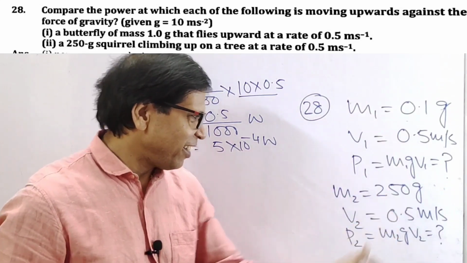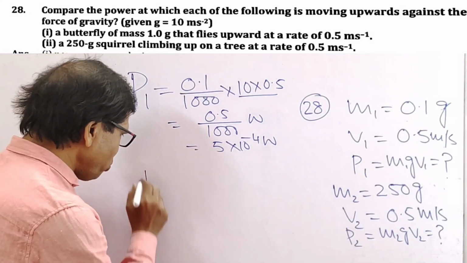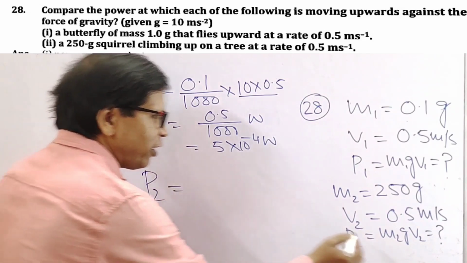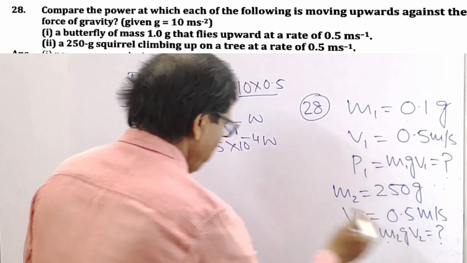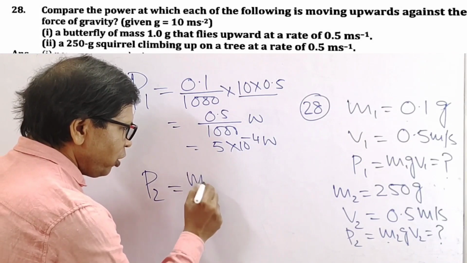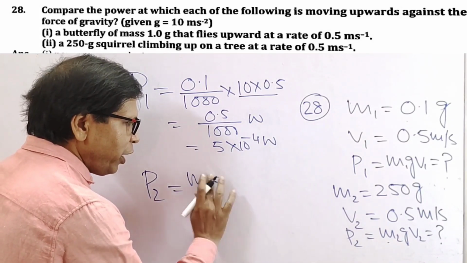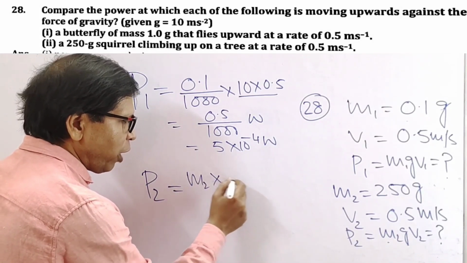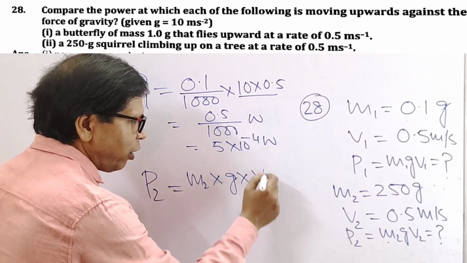Okay. Now second, squirrel. The power of squirrel is equal to m2 into g into v2. So here m2 is equal to 250 gram. It should be converted into kilogram. This is g and this is v2.